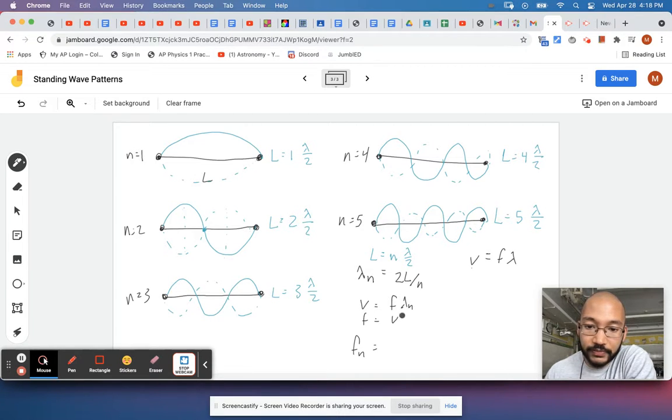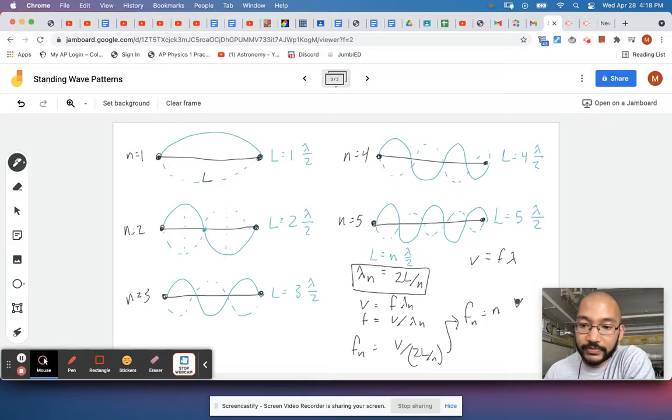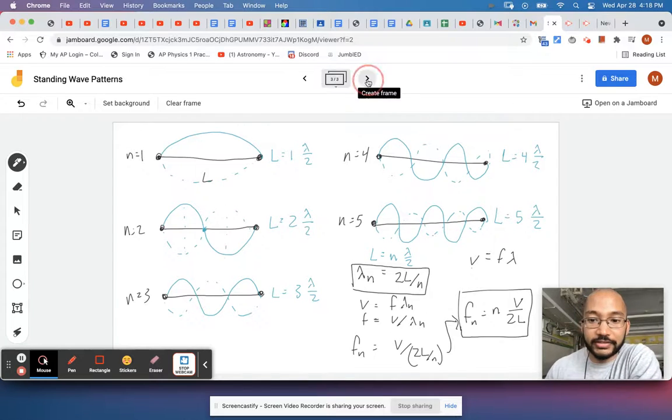F is equal to V divided by lambda n. And then finally, Fn is equal to V divided by 2L over n. So my final equation is n times V over 2L. Boom. I'm going to unpack this equation on the next slide.